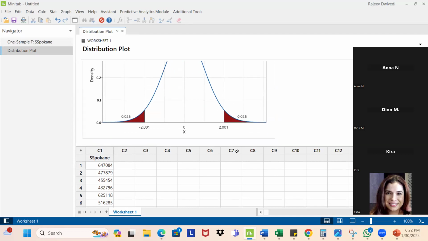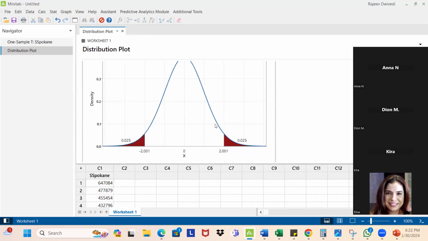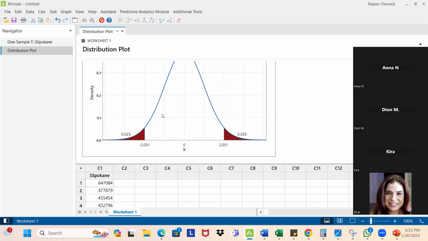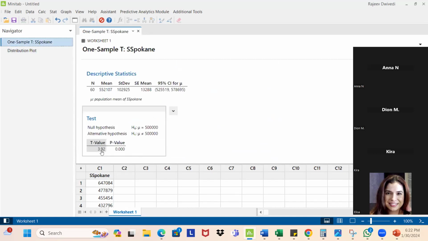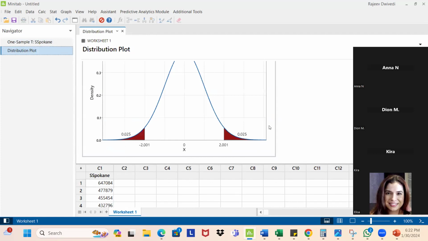Basically this is the table or theoretical value, and this is the calculated value, 3.92. So where is our t value coming? 3 point something is coming in the red area, which is not within this region.